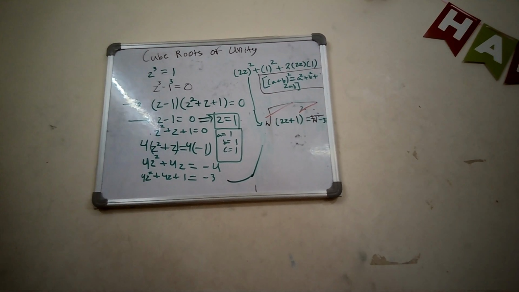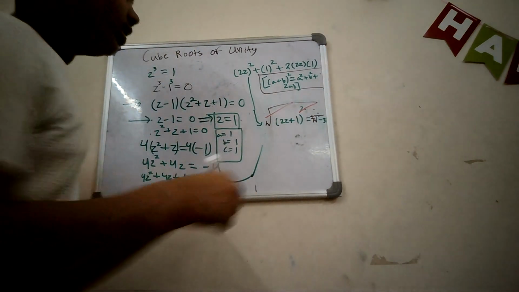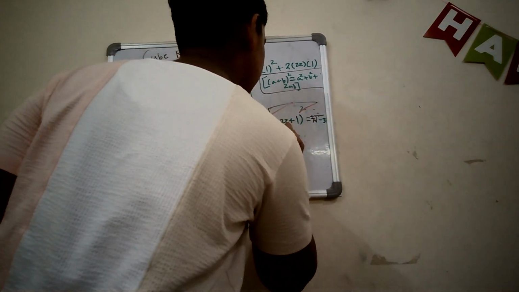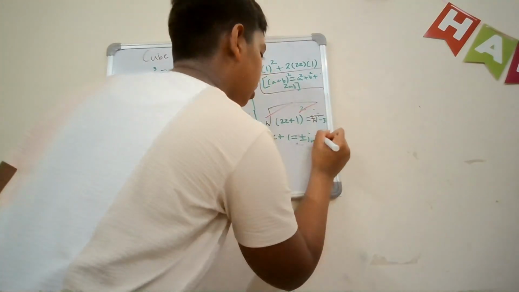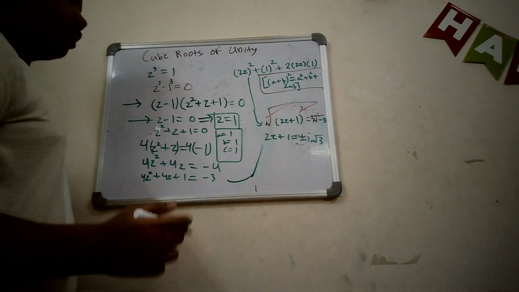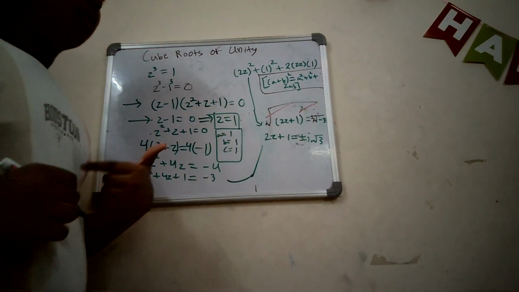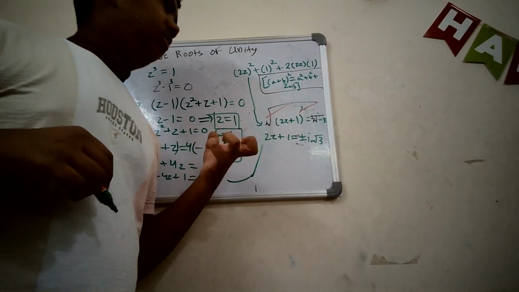Now this one is interesting, because we can see, look, 2z plus 1 is equal to plus or minus i root 3. Why this? Because if we have the square root of any negative number, we can use the value of i, because i is equal to the square root of negative 1.